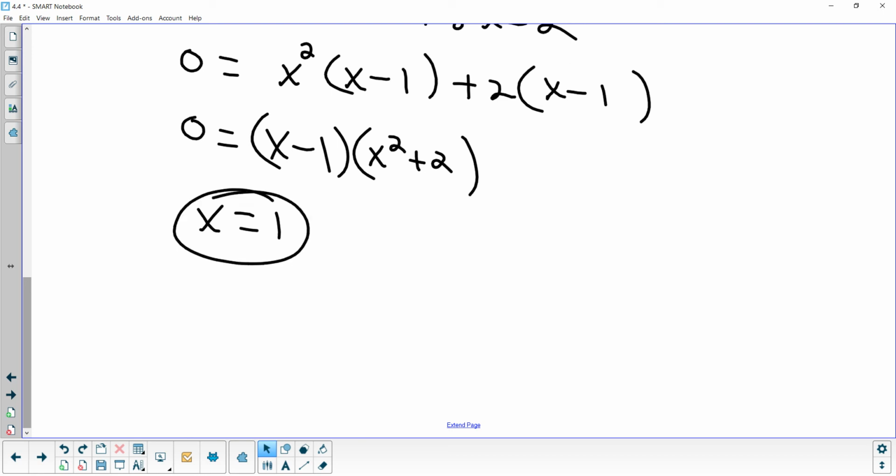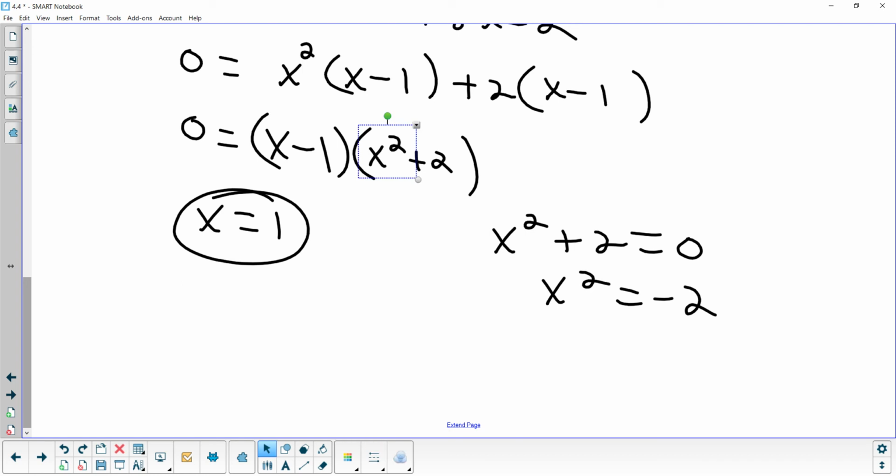Now the second factor you don't have to worry about, because look at what would happen if you set the second factor equal to 0. You'd have this. And what kind of answer would that result in? Imaginary. If this was x squared minus 2, we would have been okay. But it resulted in an imaginary, so I don't have to worry about it. So it's just x equals 1.